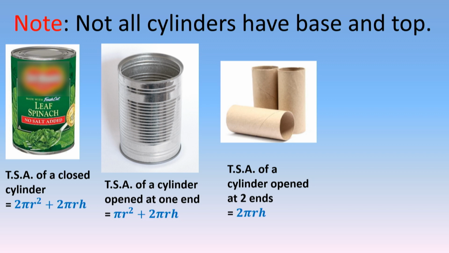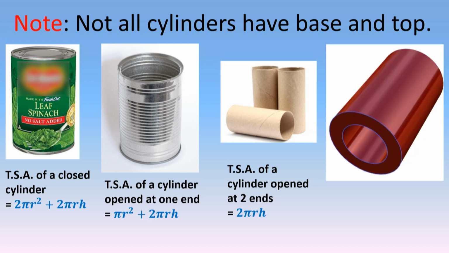So it's just 2πrh. In the same way, the total surface area of a hollow cylinder will be 2πrh. So you need to remember the difference between the different types of cylinders, because the formula for total surface area will be different.